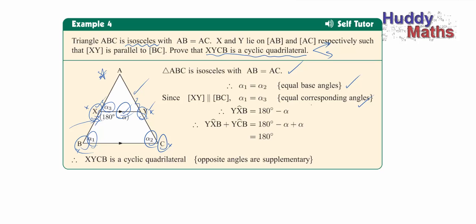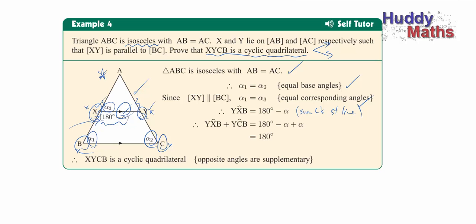Or you could say co-interior, couldn't you, with that parallel line? Could go straight there to say angle BXY, you don't need alpha 3 up there, you can say angle BXY is 180 take alpha, co-interior with those parallel lines.